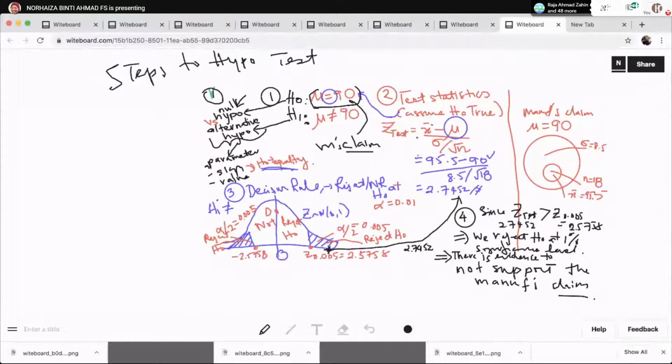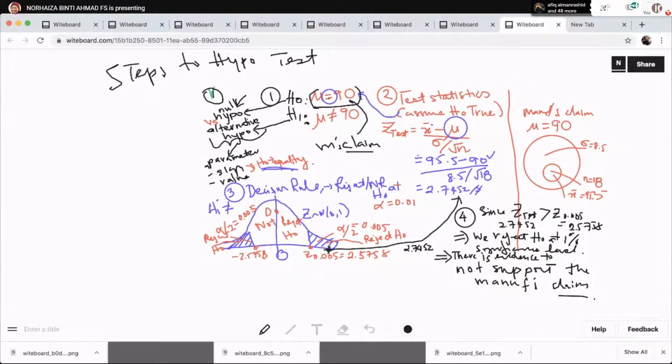So this is dependent on the parameter. In this case, we want to test the mean, so you have to check what parameter you want to test and the information from the observation to know what statistic you're going to use.